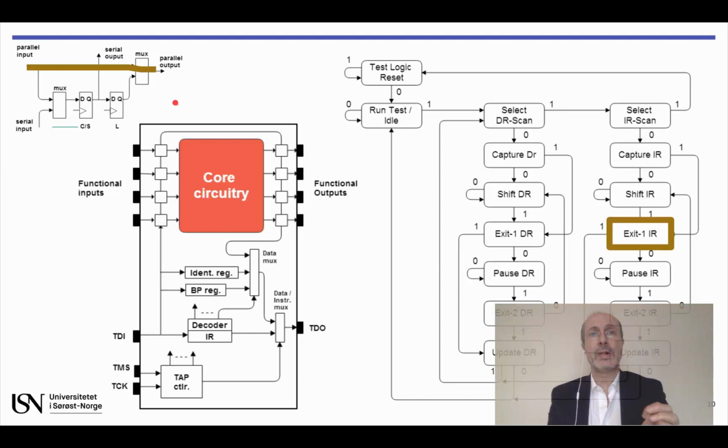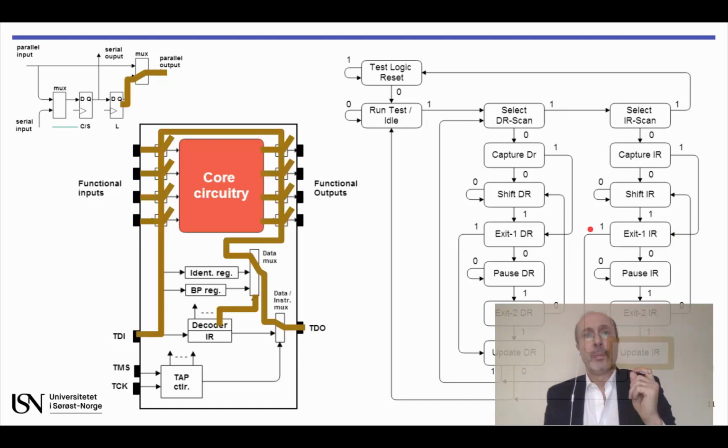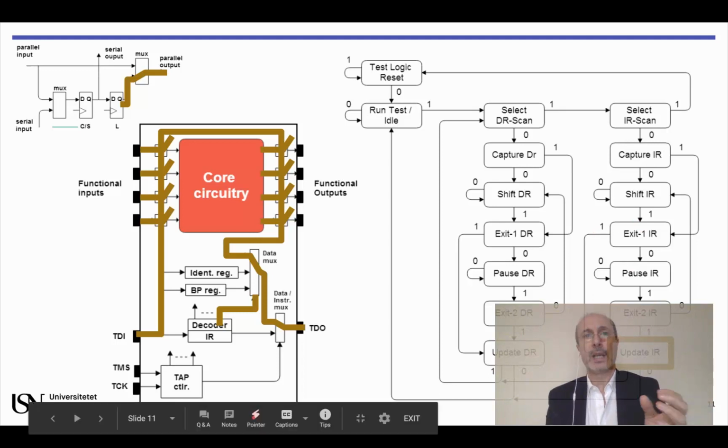Notice that the boundary scan cells are still in transparent mode since the current instruction is yet the same that was present when we initiated this process, but that's about to change. By driving a 1 to TMS, we will move from exit 1 instruction register to update instruction register.